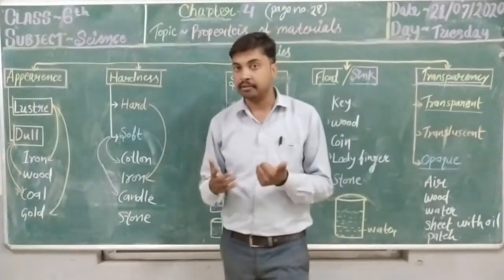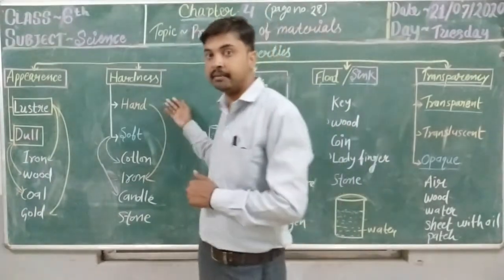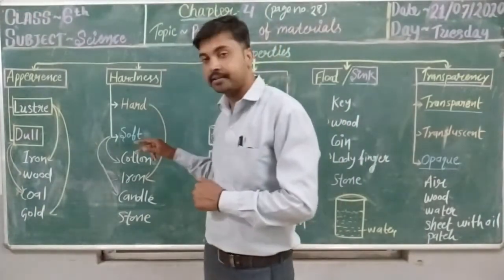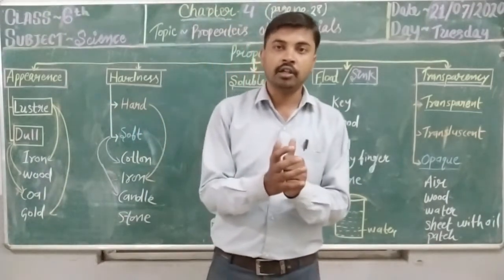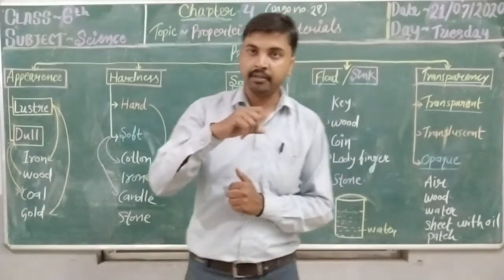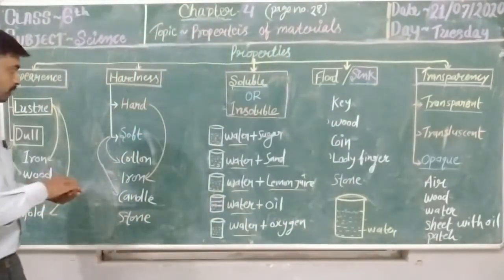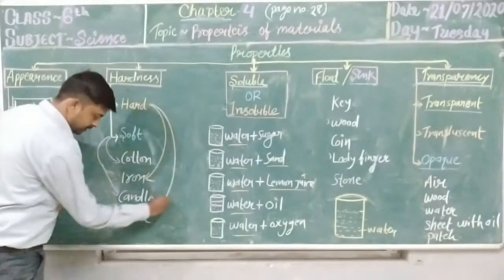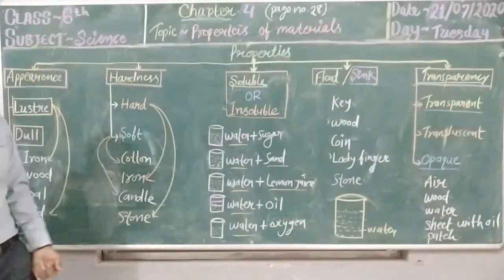In which category do we put stone, hard or soft? Can we compress the stone, or scratch the stone? No, it means it is hard. So stone also goes into the hard category.